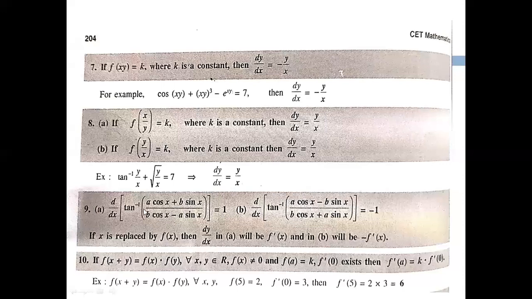The derivative of tan inverse, where in the numerator in between you have plus, and in the denominator in between it is minus, is 1. And the derivative of tan inverse, where in the numerator there is a minus in between these two terms, and in the denominator it is plus, that is b cos x plus a sin x, will be minus 1.